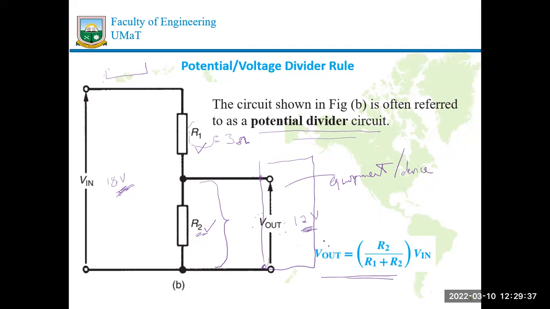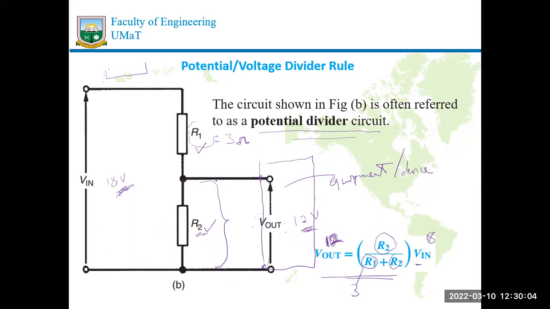This is known. This is 18. This also, sorry, this is 12. My input is 18. I know R1. My R1, I know, is 3. I can compute for this. Find that resistor and put it in series with my R1.